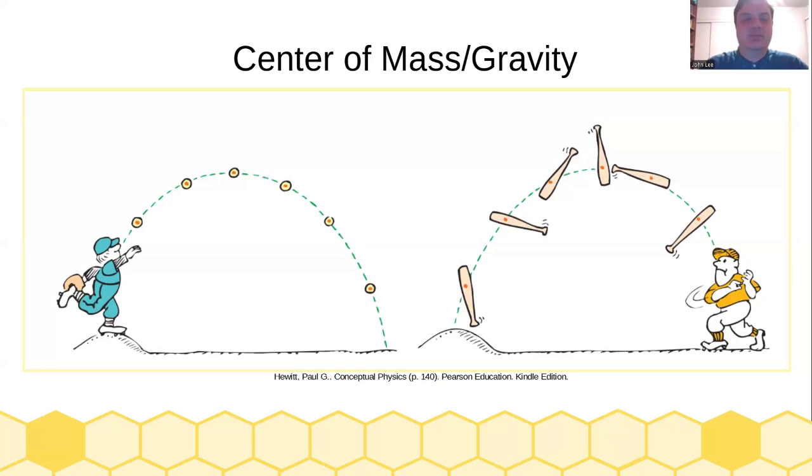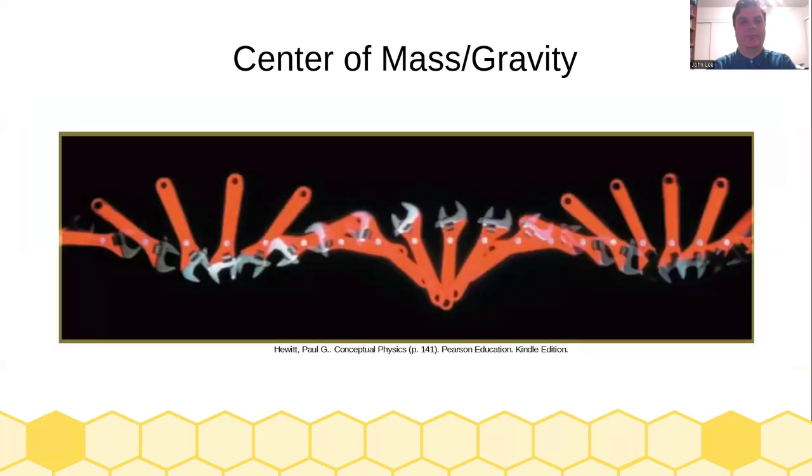And it describes the motion of the center of gravity. So while the bat is swinging around and looks like it's having a more complicated arc, in reality, if you look at the center of gravity or the center of mass, it is going to be the same parabolic arc that you see for the more simple baseball.